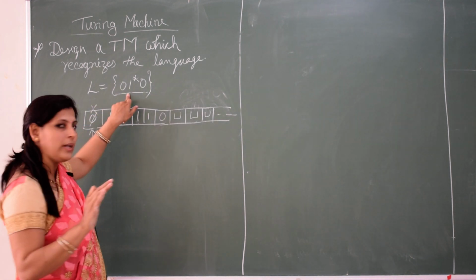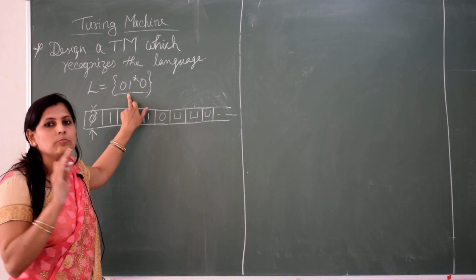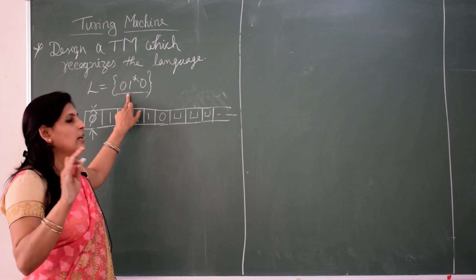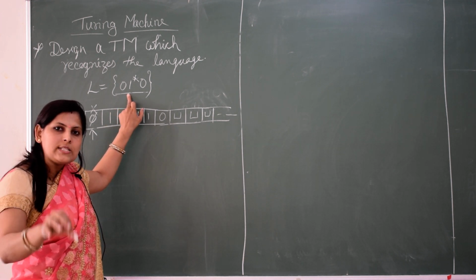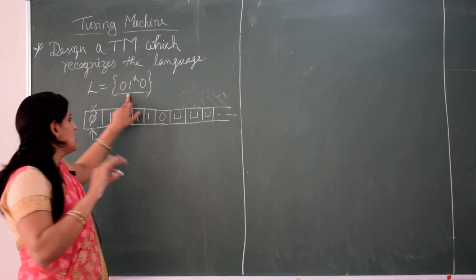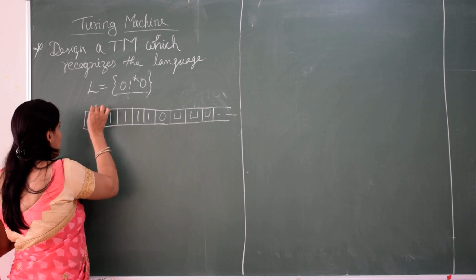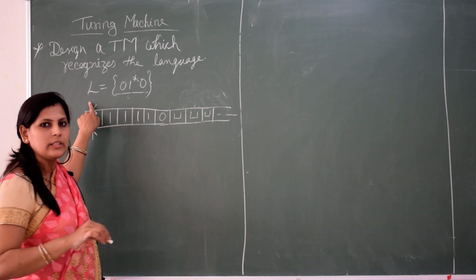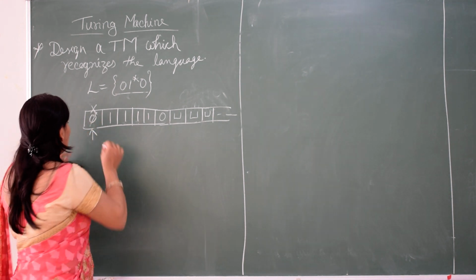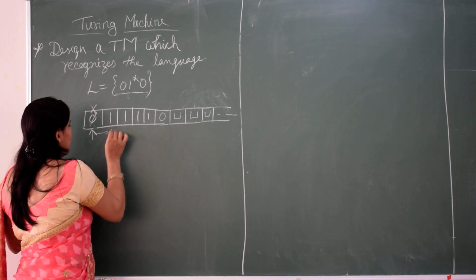According to my language, n number of ones should come. If it is n number of ones, it will stay in the same state because it is performing the same task. So, after reading this 0, I have updated it into X. Then I will move my tape to the right.